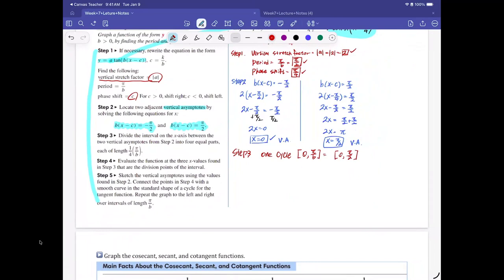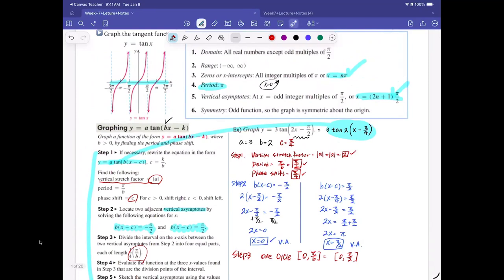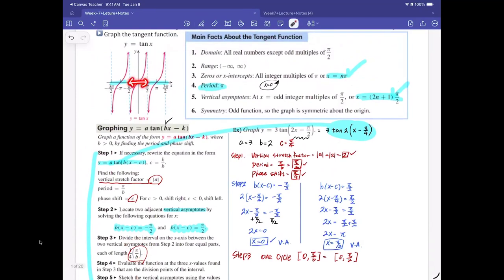And then also here, the 1 over 4. So the 1 over 4 times pi over b means this portion is from here to here. Okay?